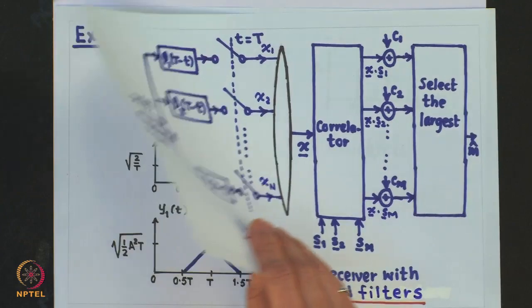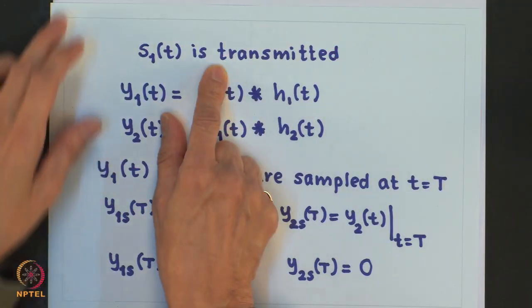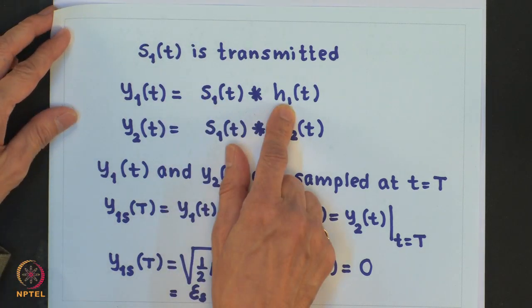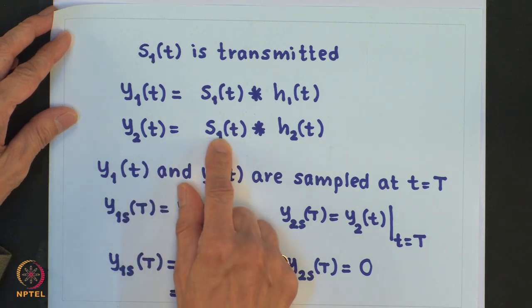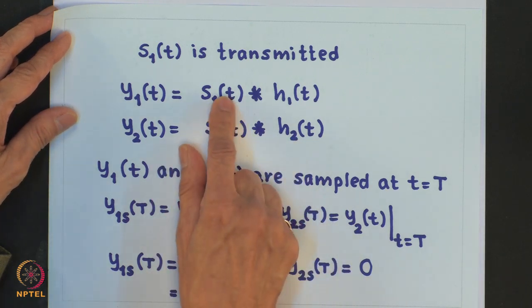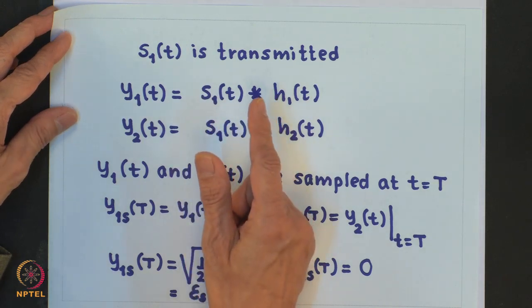Okay. So, I have my two filters and now we need to compute x1 and x2. Let me assume for this case that I have transmitted my signal S1(t). If I transmit my signal S1(t), the outputs from the two filters are going to be S1(t) convolved with h1(t), and the other matched filter output will be S1(t) convolved with h2(t). At the receiver we receive along with this signal S1(t) the noise also, correct.